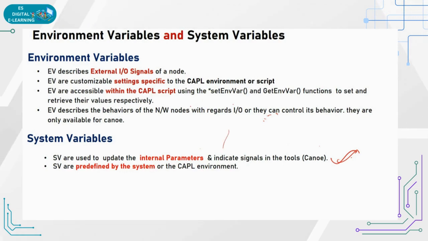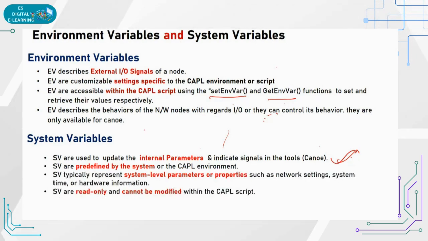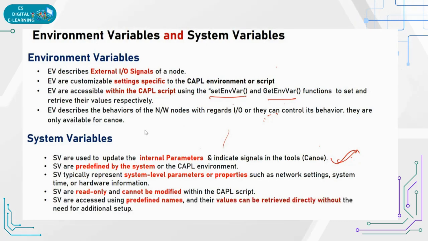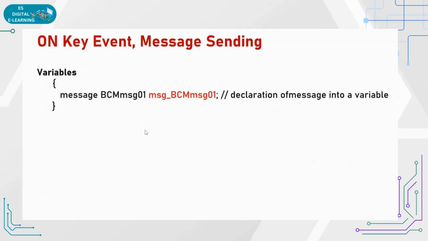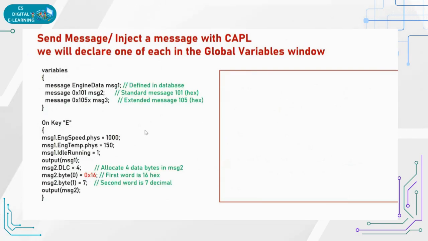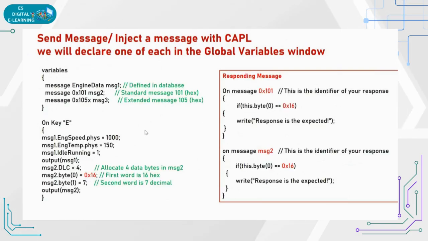There are some other points: set environment and get environment are part of environment variables, and system variables are system-level parameters and properties. These are covered as a part of our practical questions.